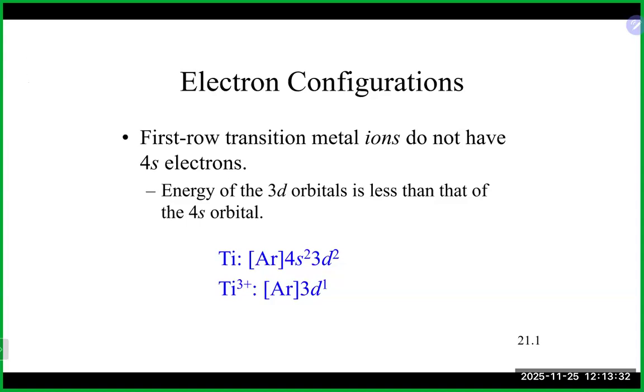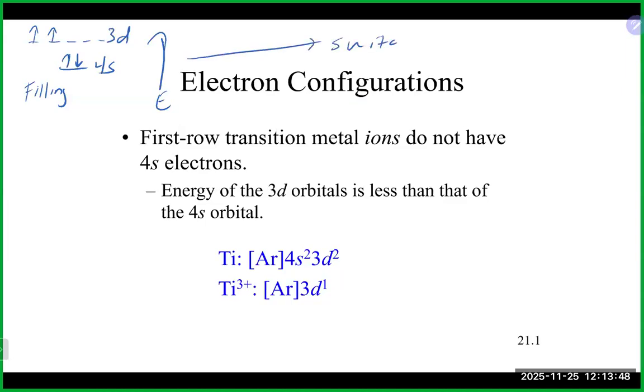As I mentioned earlier, as it is filling, we will put the electrons into the s first and then into our d. Afterwards, there is a switch that occurs, and we will again see the 4s being higher than our 3d.